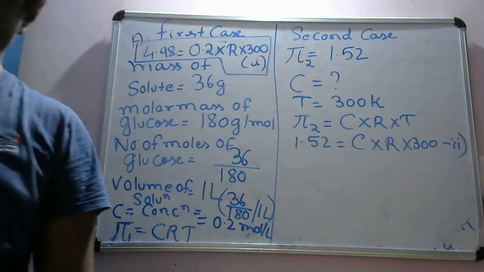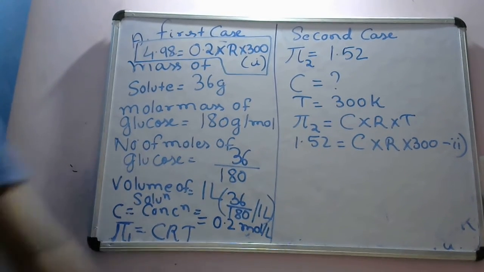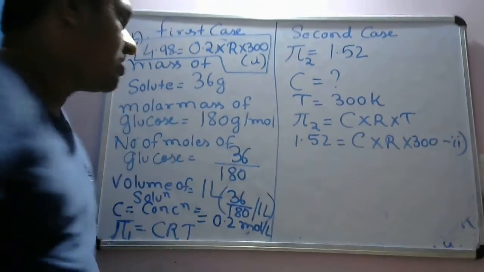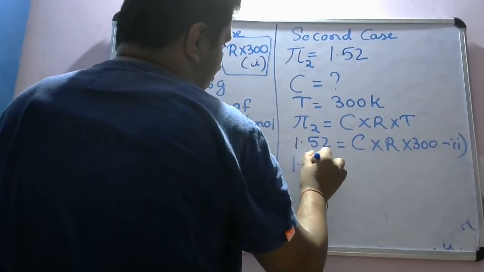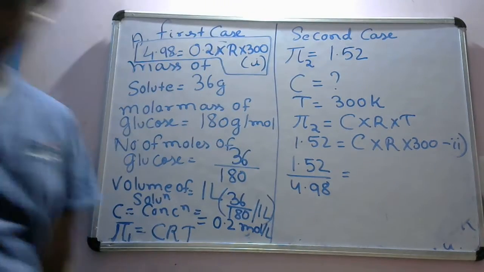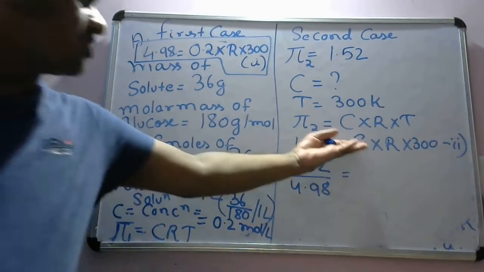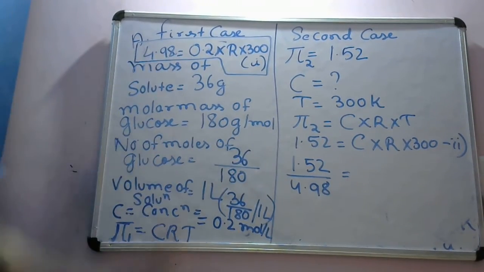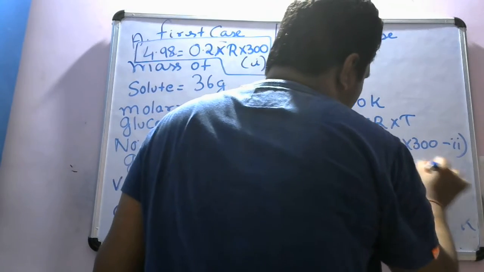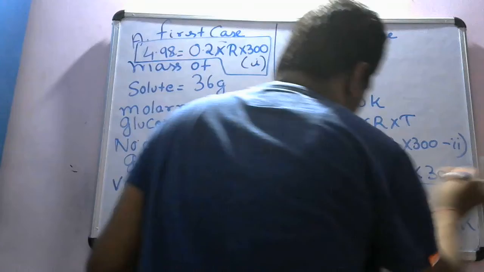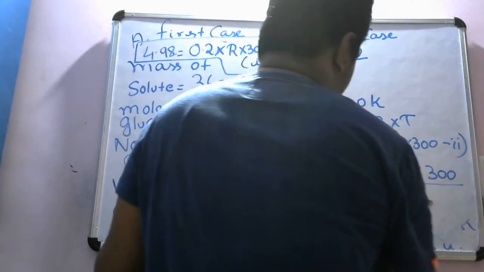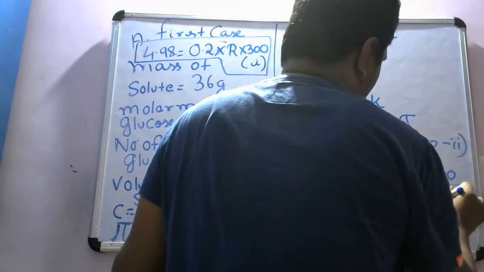Now we have two equations, and C we have to find out. We will divide equation 2 by equation 1. Both LHS and RHS we will divide, this equation by equation number 1. Substitute the value 0.2 into R into 300 from equation 1.